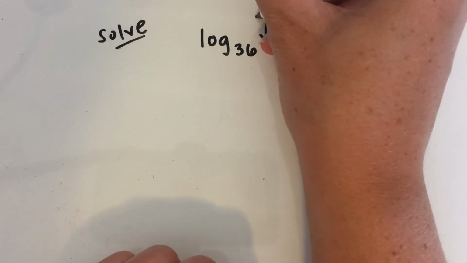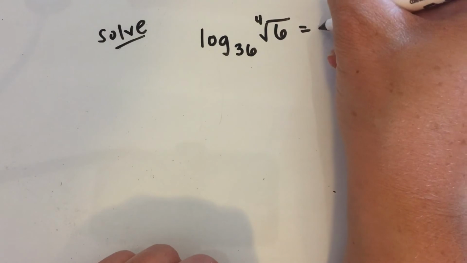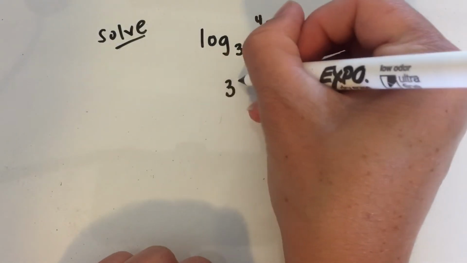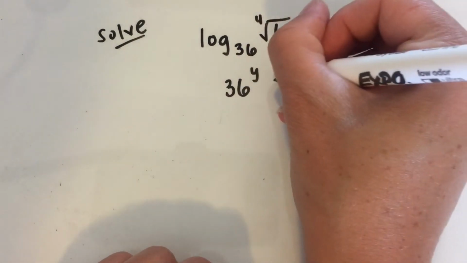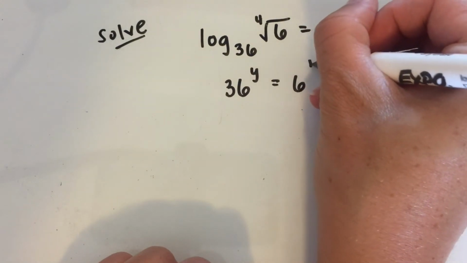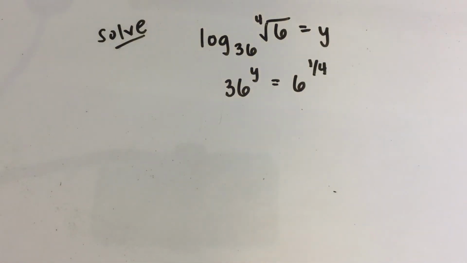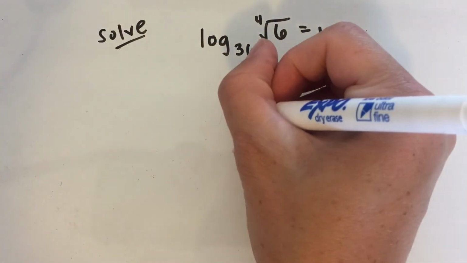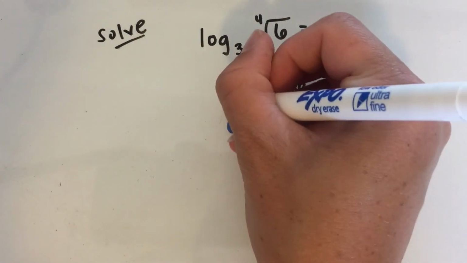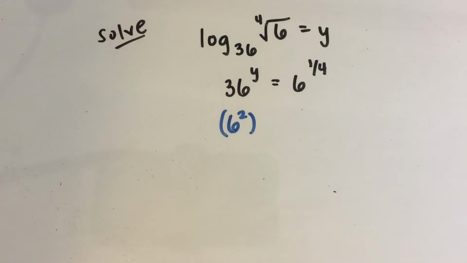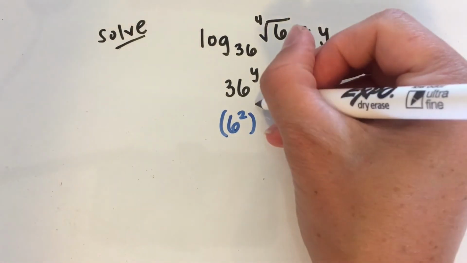Now we have log base 36 of 6 to the 1/4 equals y. So we take 36 to the y and set it equal to 6 to the 1/4. 36 is the same as 6 squared. To the y, we set that equal to 6 to the 1/4.